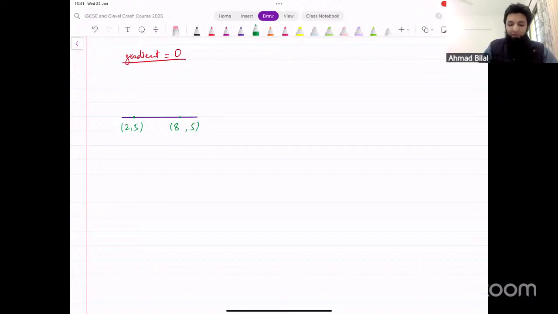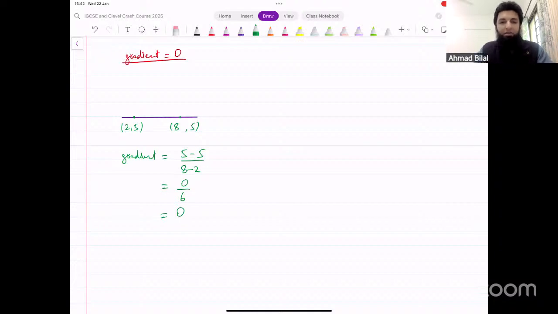Now if you were to apply the gradient formula, you would see what you get from that. y2 minus y1, that will be 5 minus 5 divided by 8 minus 2, and that is 0 over 6. Now 0 over anything is 0, so the gradient turns out to be 0. And from that we understand horizontal lines have a gradient of 0.